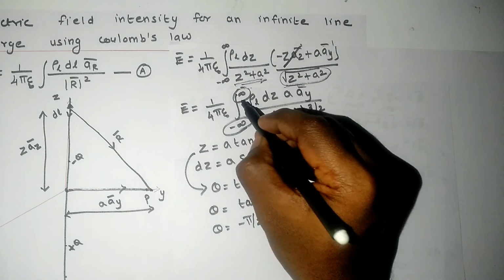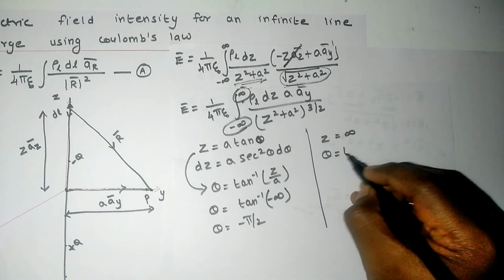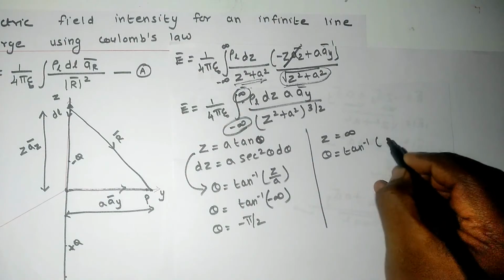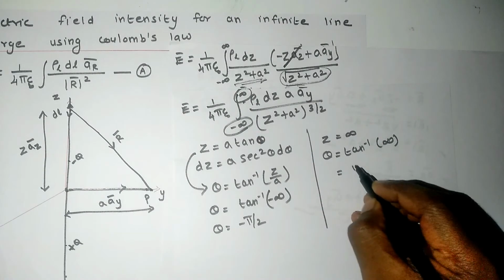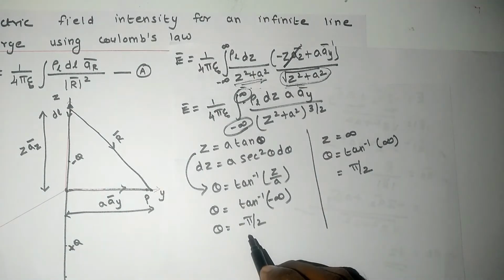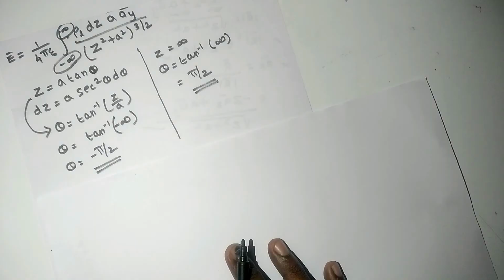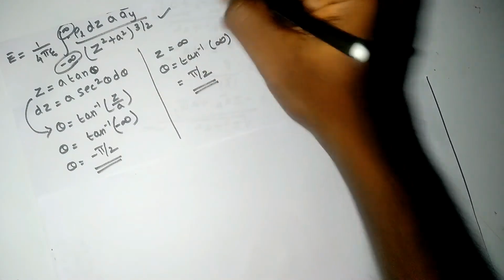Similarly, when z is equal to infinity, the value of theta will be equal to tan inverse of infinity, that will be equal to pi by 2. So our new limits will be from minus pi by 2 to plus pi by 2. Now we shall rewrite this equation by substituting z is equal to a tan theta and dz as a secant square theta d theta.